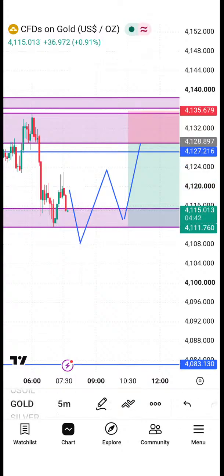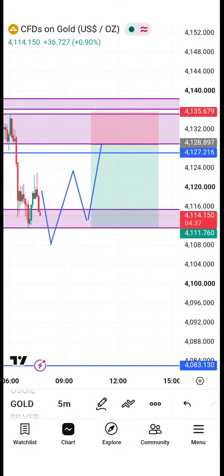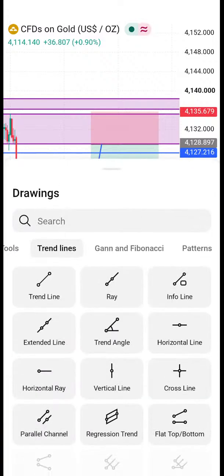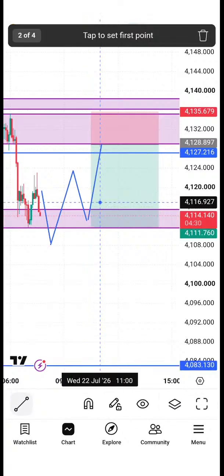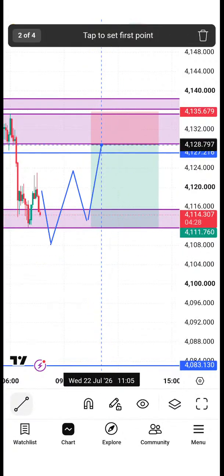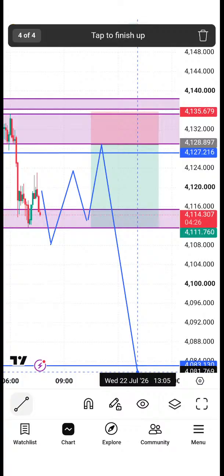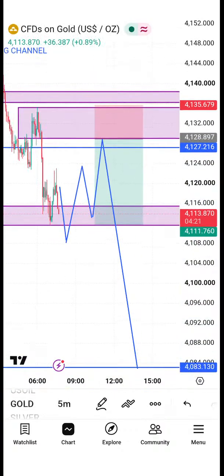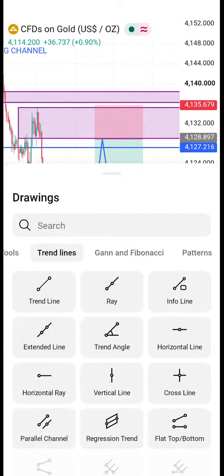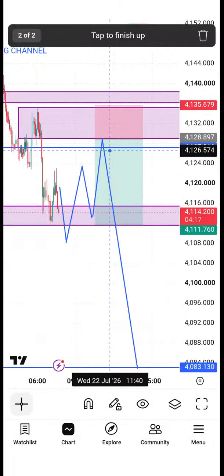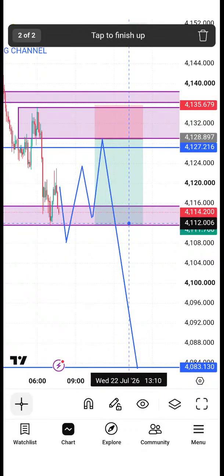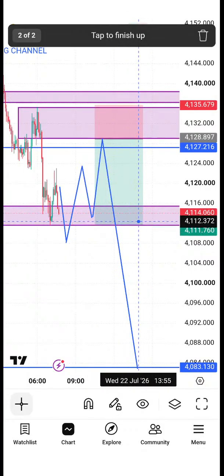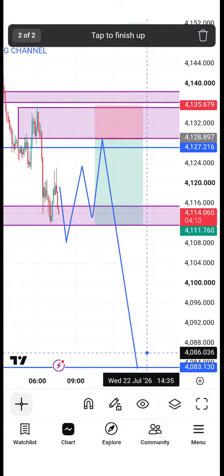If it doesn't, then we are going to catch the sell around this area and go down with it. But this is my first tip, take profit. Here is where I'm looking to take my first take profit. Then if it manages to break from here, then yeah, target here.